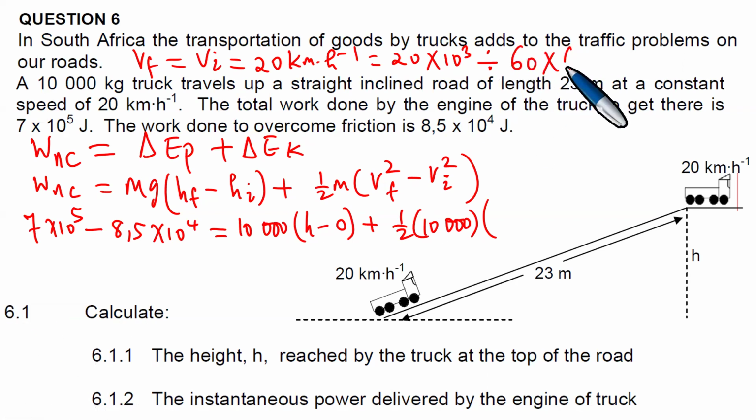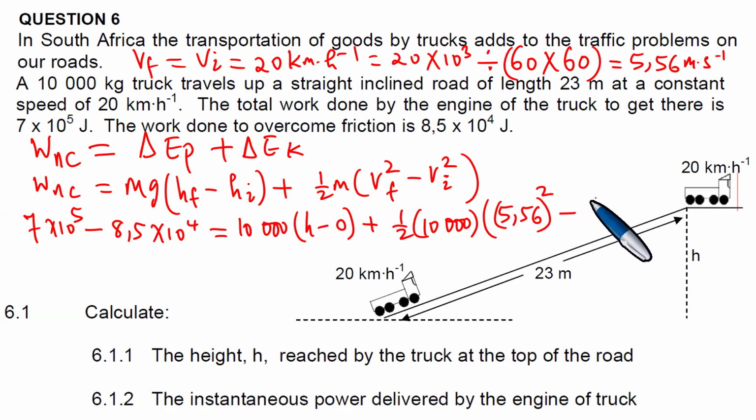And this is therefore what you get. And when you get this, you are able to get 5,56 meters per second. Then you square the initial and you square the final.